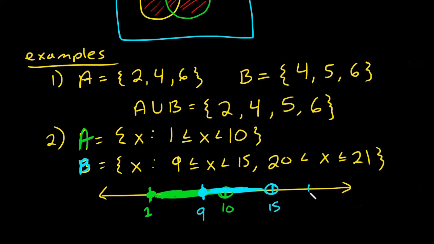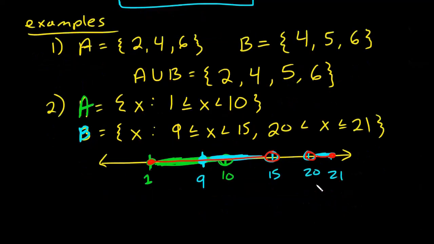And then I start again at 20 and go to 21, solid dot at 21, open dot at 20, and here to here. So the union will be any of this. I start at 1, go all the way until I get to 15, and then 20 to 21.